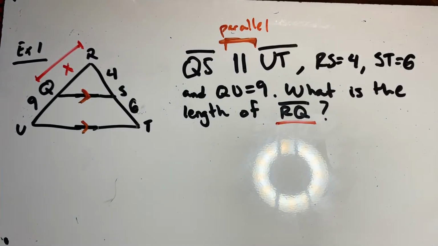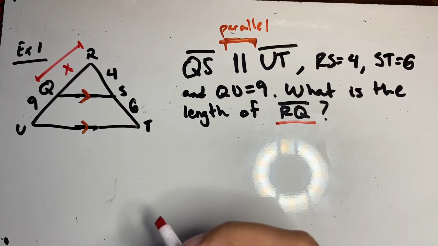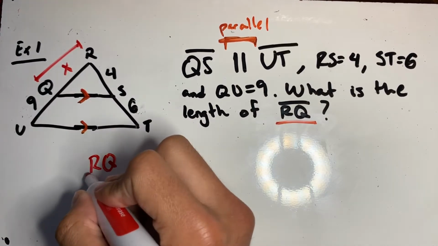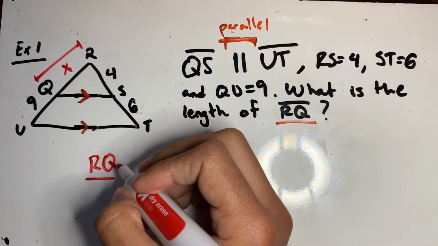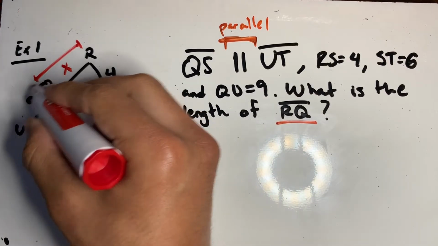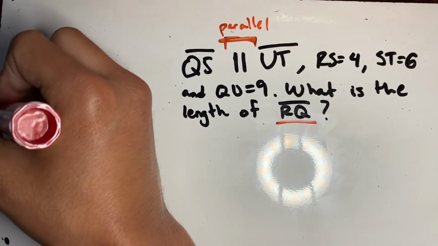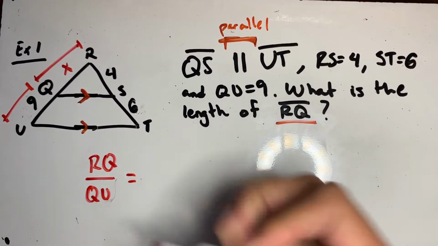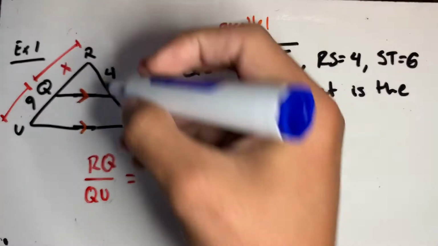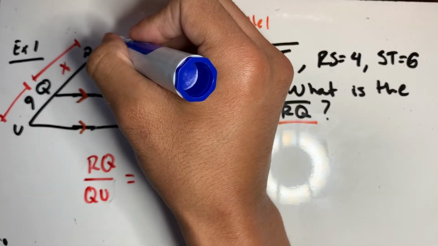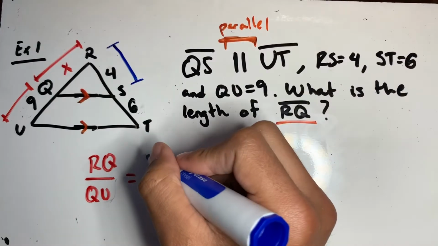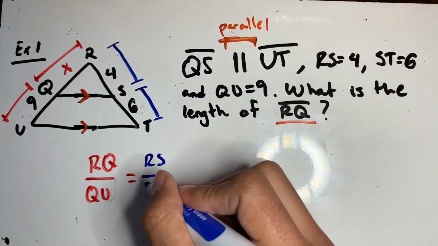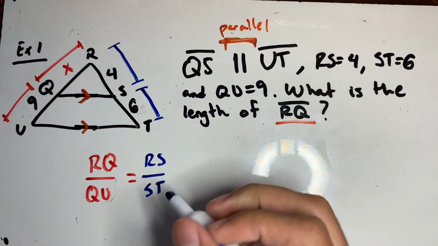Now we're going to set this up using the triangle proportionality theorem, which states that RQ over QU, so this one right here, QU, is equal to, and I'll use blue for the other one, RS over ST. So you can kind of see that.